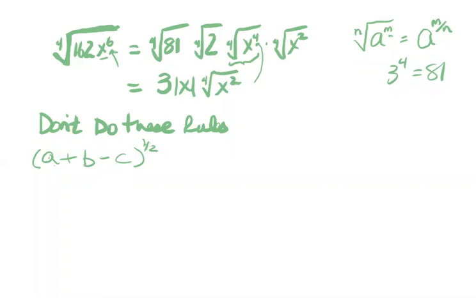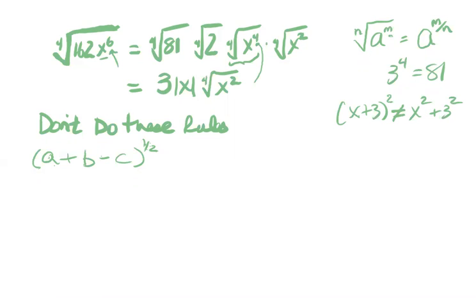I can't take this 1/2 and take it to the C and to the B and to the A. For example, if we have x plus 3 squared, this doesn't translate into x squared plus 3 squared. Those are not equal.